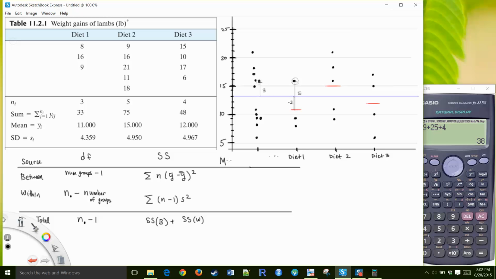But the way we're going to decide whether or not the contribution of the sum of squares due to the between component is significant is we're going to take the ratio of mean squares between divided by mean squares within. And this is known as our F ratio.